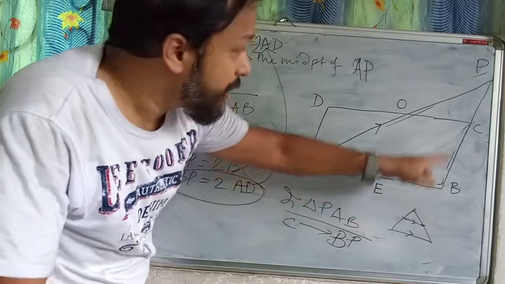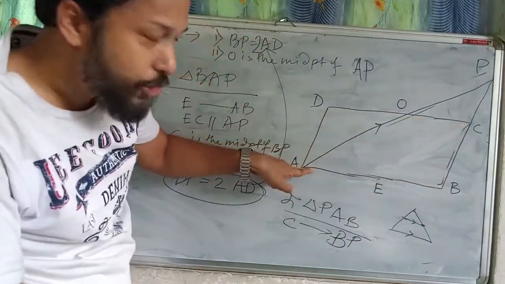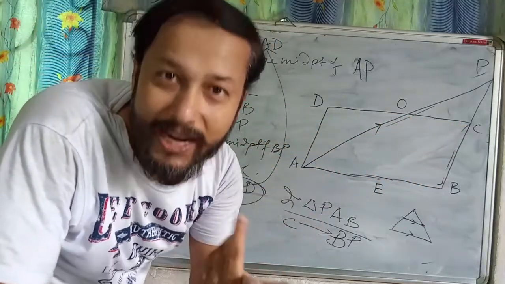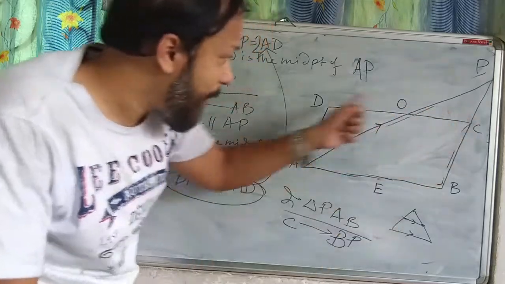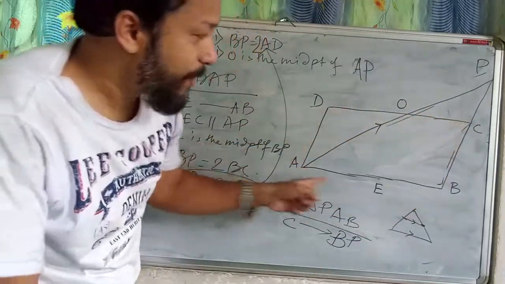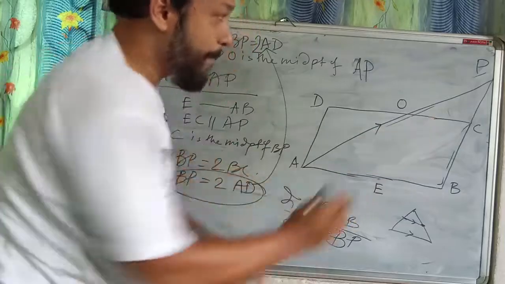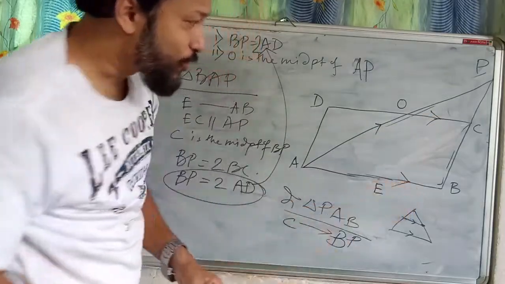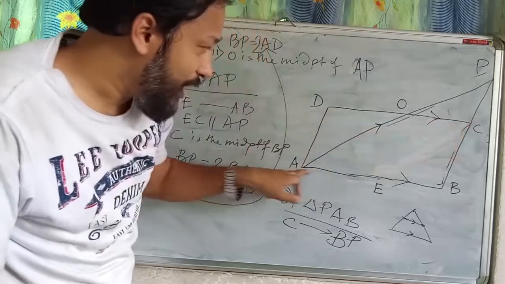And this side is parallel to this side. Why? Because it's a parallelogram and opposite sides are parallel. So OC is parallel to AB.